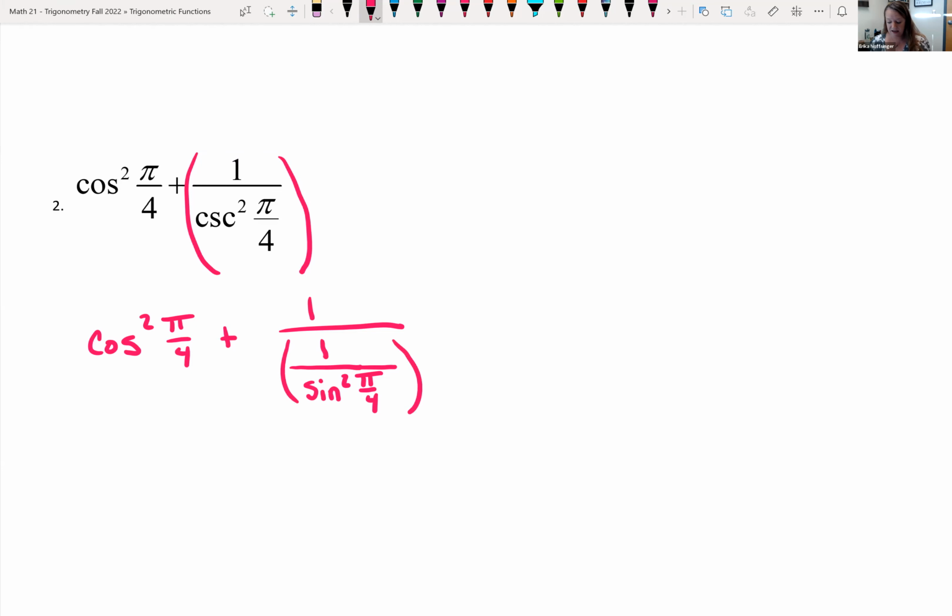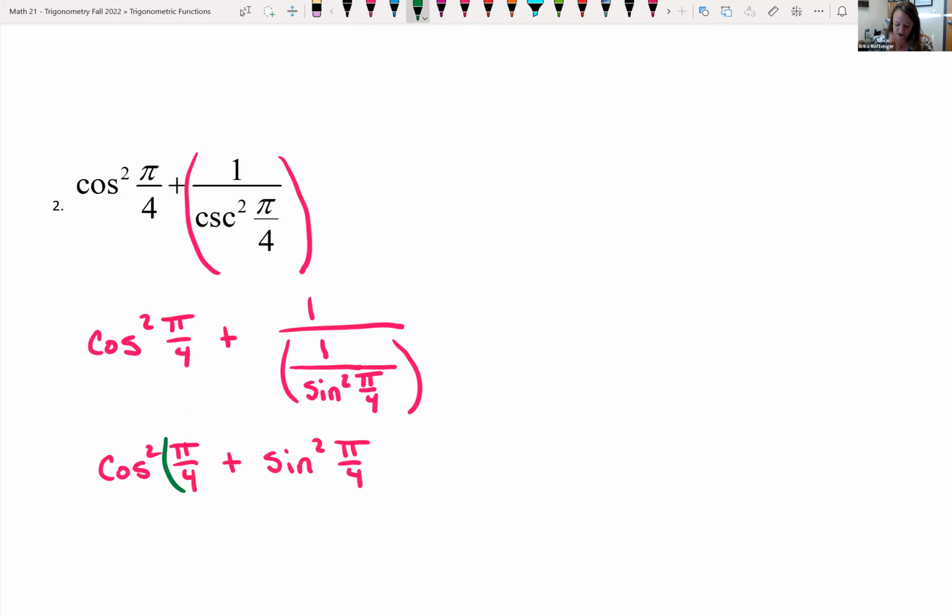So we can look at this second term and use our property of flipping our fraction in the denominator, and we would get cosine squared of pi fourths plus sine squared of pi fourths.